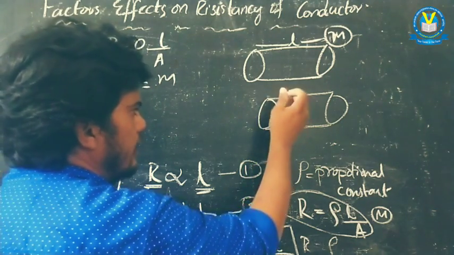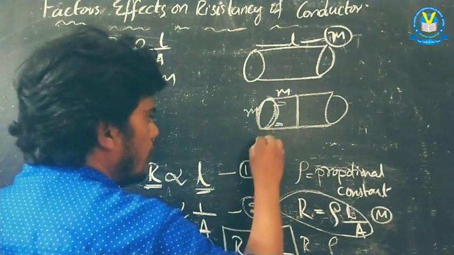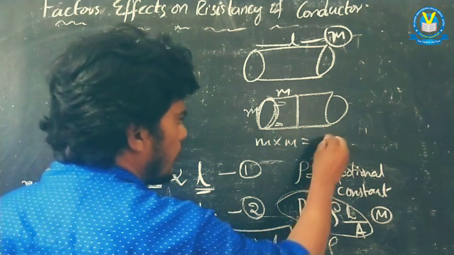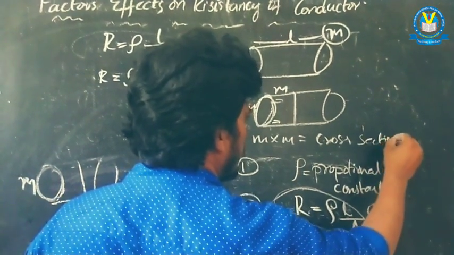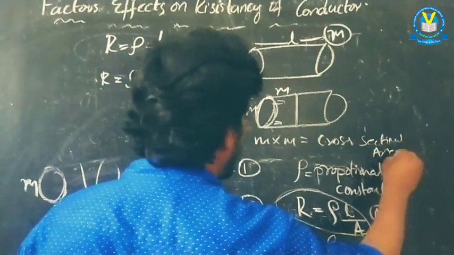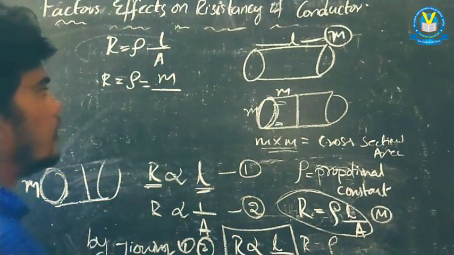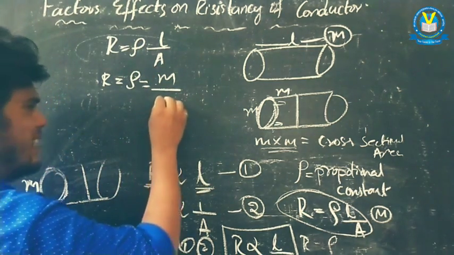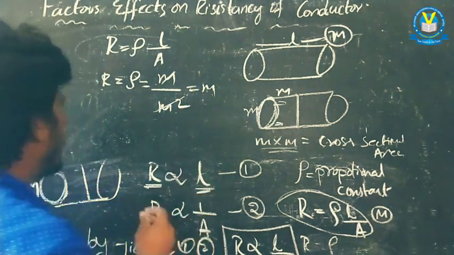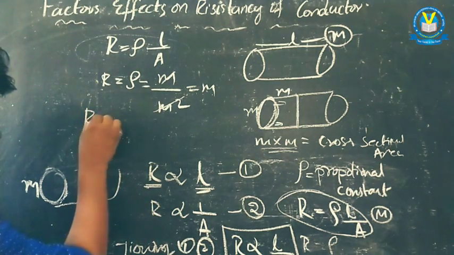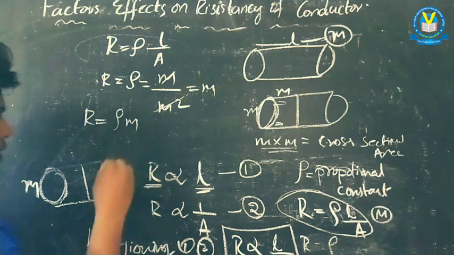The distance is in meters and the width is in meters, so meters into meters is the cross-sectional area, which means the unit of cross-sectional area is meter squared. One meter cancels, so R equals rho and meters.